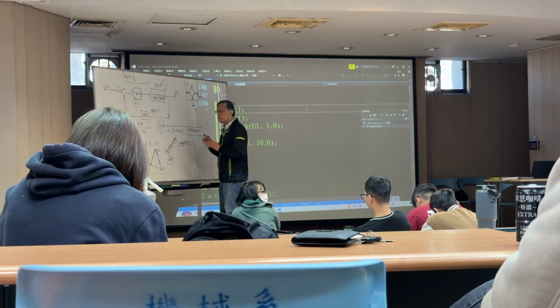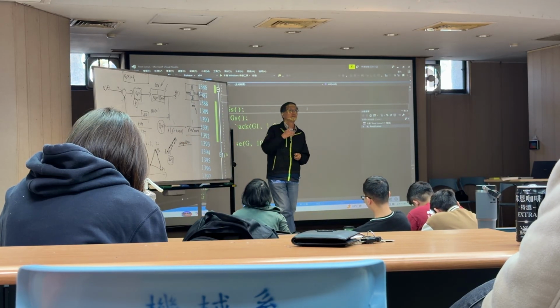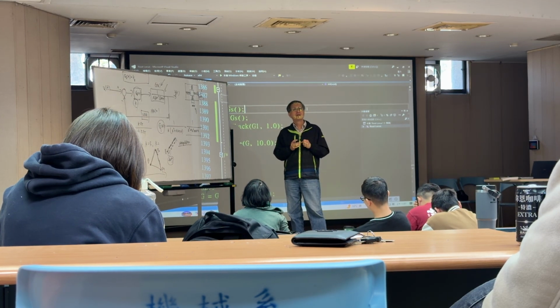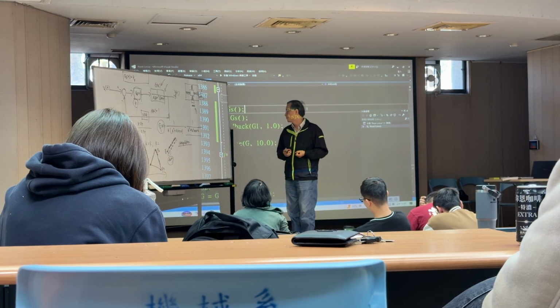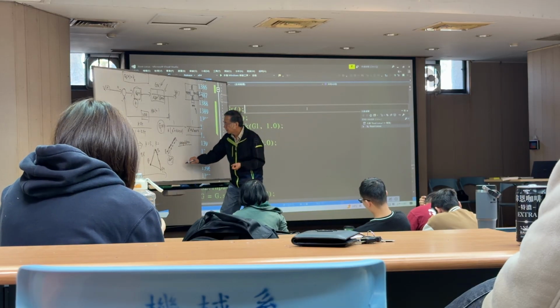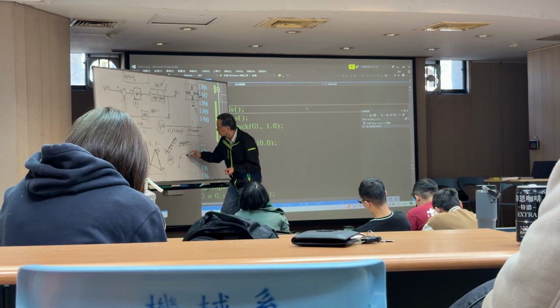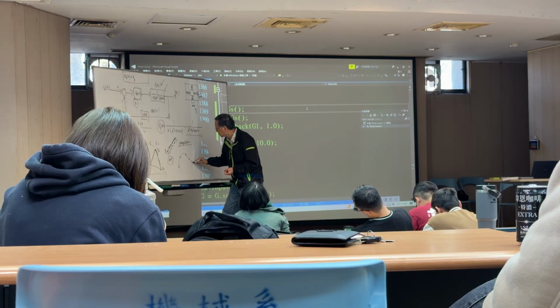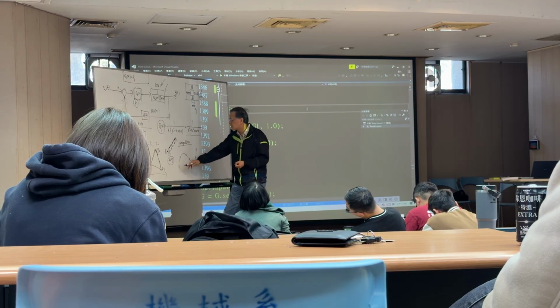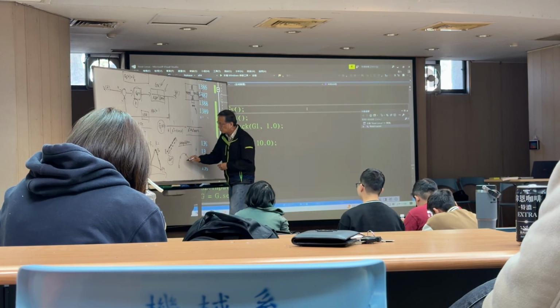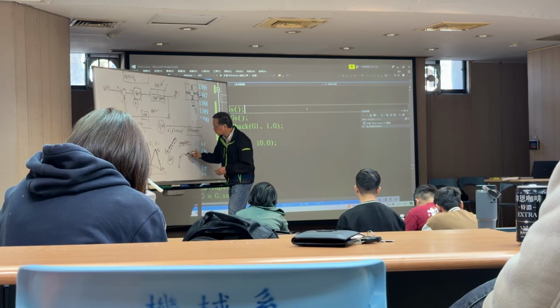Interpolation means that the machine tool controller will have a sampling time. Because if you have a trajectory like this, going from here to here to here, originally this is a curve, right? But for a machine tool, we can only go in straight lines.